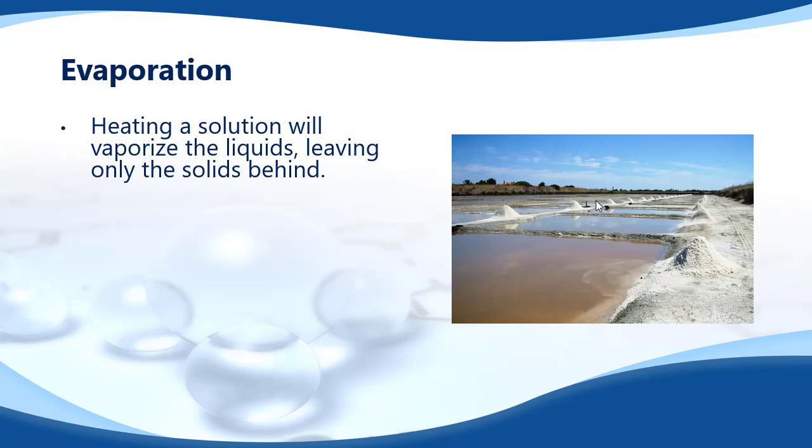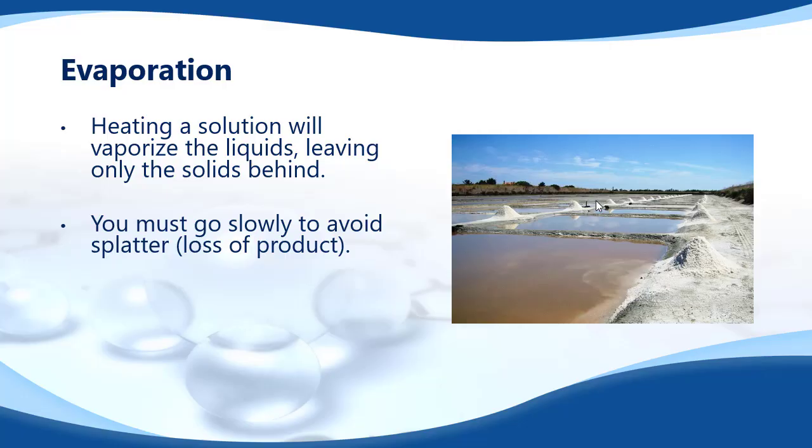Right, so in a laboratory setting, what you would do is heat in something called an evaporating dish. It's basically like a little porcelain bowl. On top of that evaporating dish, you would put a watch glass. It looks like a giant glass contact lens. What the watch glass does is prevent splatter. That's something you have to watch for, right? That's why you want to go slowly, because if you heat it too much, it will splatter, and you lose solid.